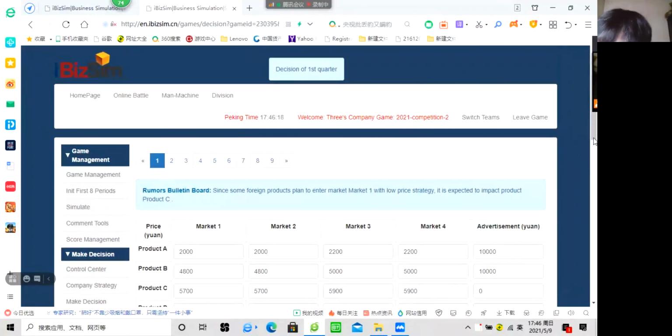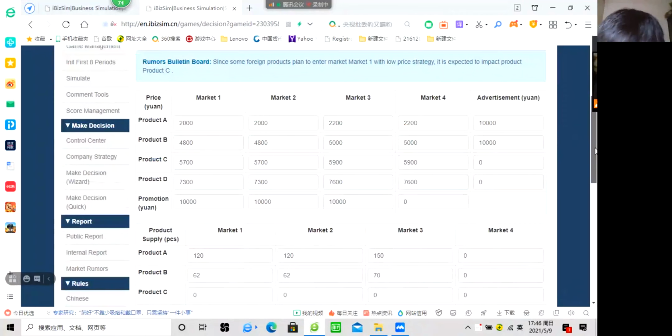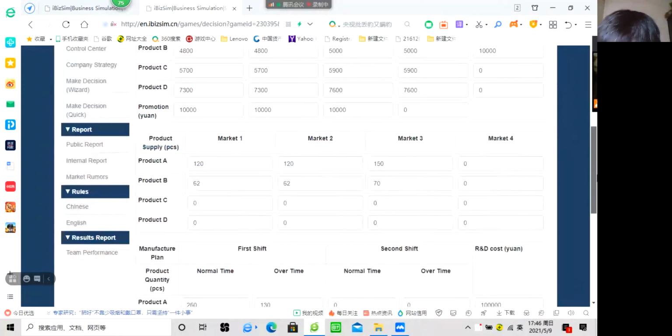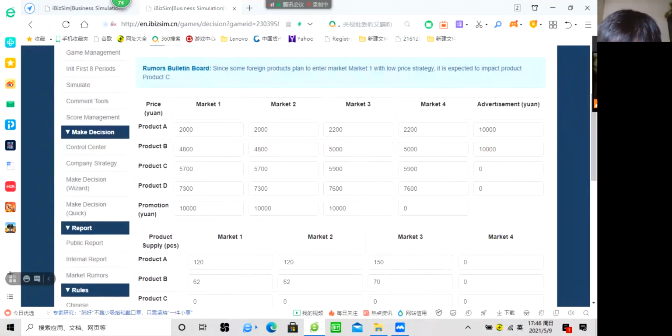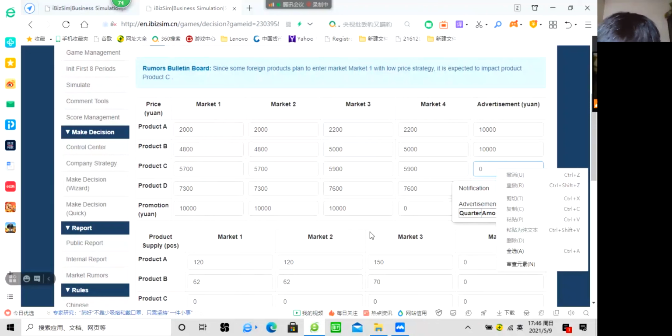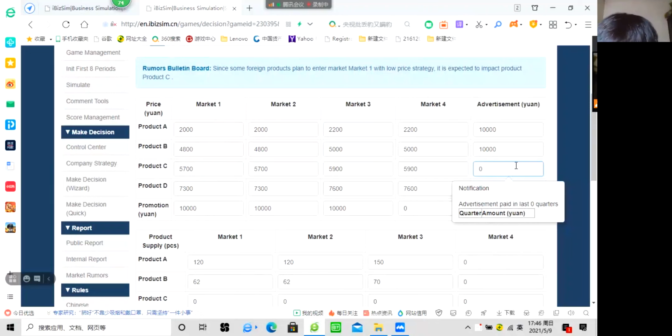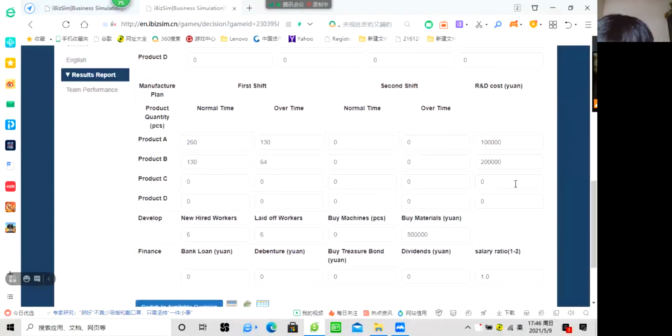Now let's look at the first condition. You can see we just put R and D there, but we have not put our money to produce product C. If we want to produce product C, we should have a look at how much money we need to pay in advance.